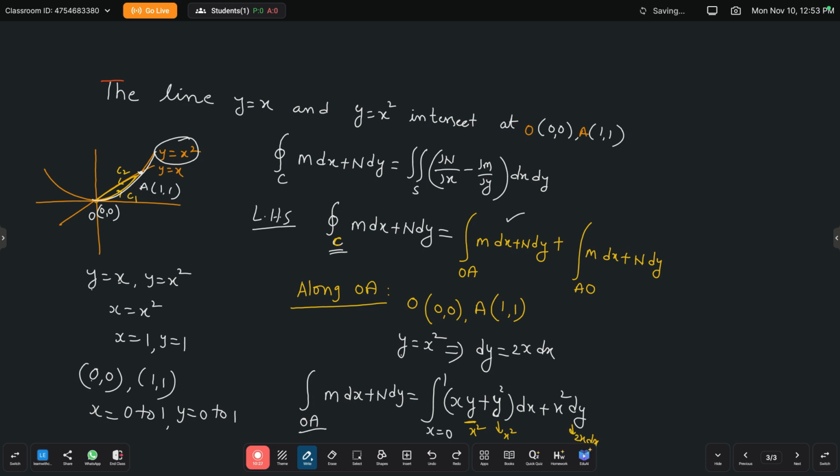You can replace these values. Now the complete integral converts to only x terms. So I have taken here x limits from 0 to 1.